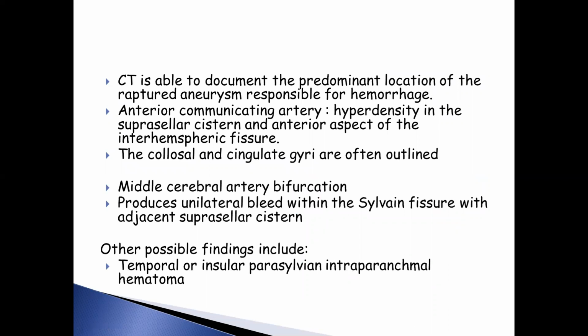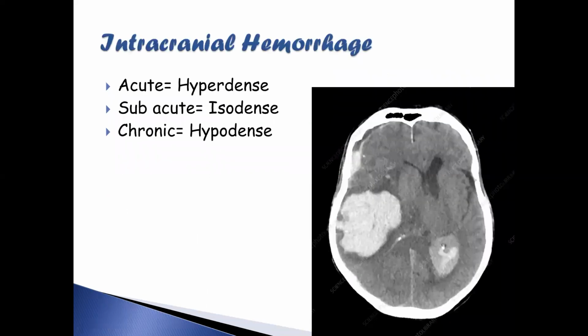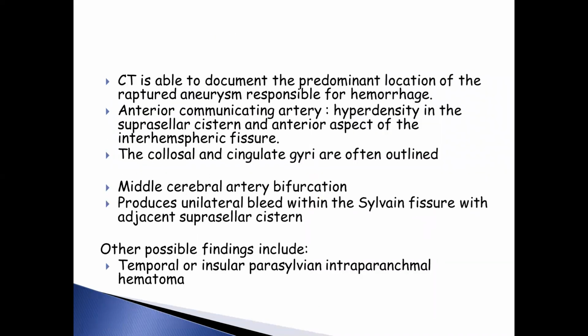CT scan is able to document the predominant location of the ruptured aneurysm responsible for the hemorrhage. Anterior communicating artery: hyperdensity in the suprasellar system and the anterior aspect of the interhemispheric fissure. The callosal and cingulate gyri are often outlined.